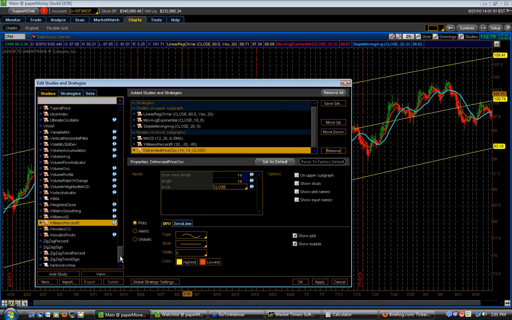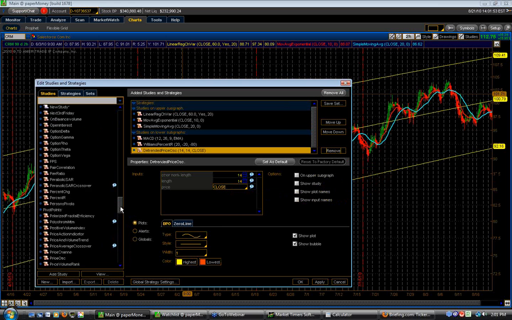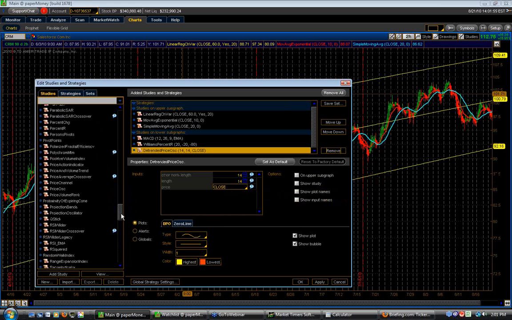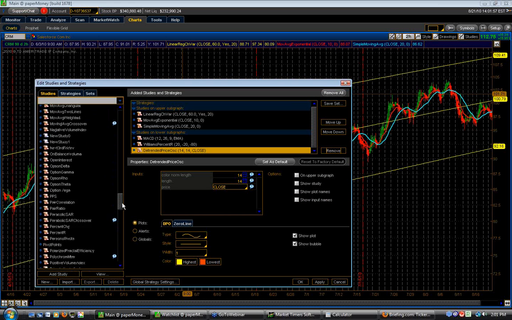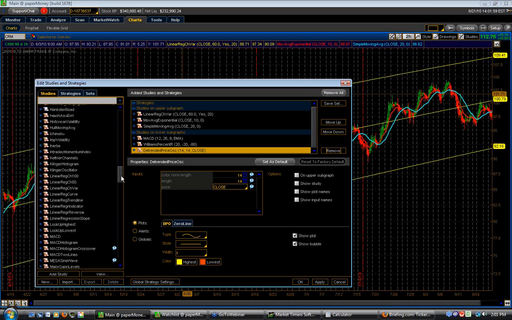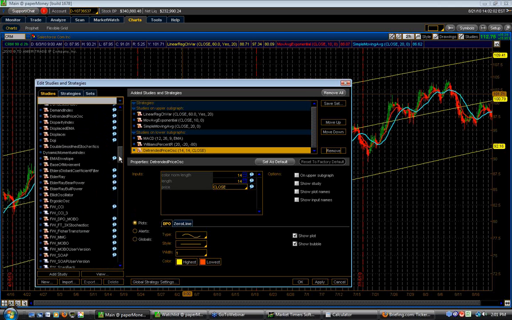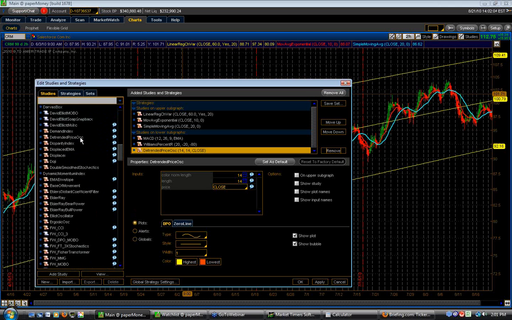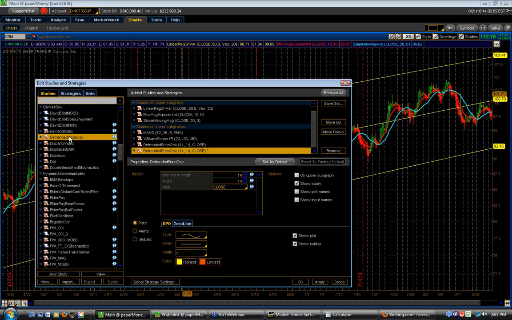The DPO, or detrending price oscillator, is a very good tool, helps you stay in a trade. I'll show you how that works in a second. It is under the D's, detrending price oscillator right there. When you open that up, again, I've got it to default to open up to 14. That is not what it defaultly opens up to. It opens up to 20. So you've got to change it.